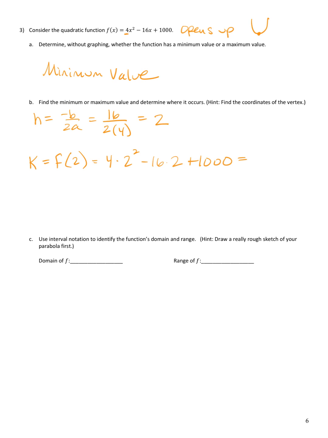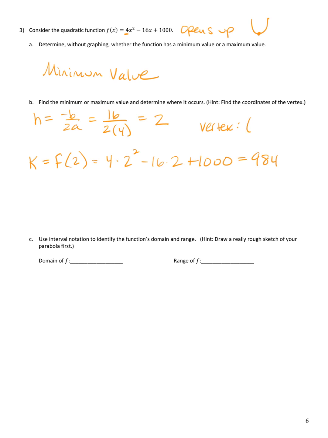2 squared is 4. 4 times 2 is 16. 16 minus 32 is negative 16 plus 1,000 is 984. So my vertex is at 2, 984. So I'm going to write that here.